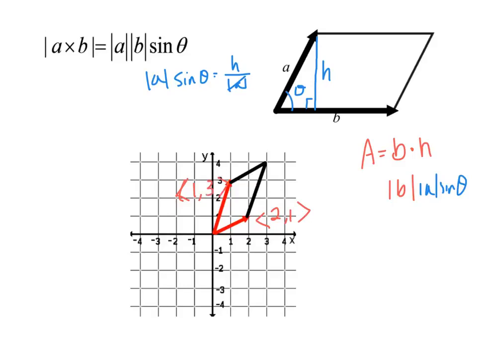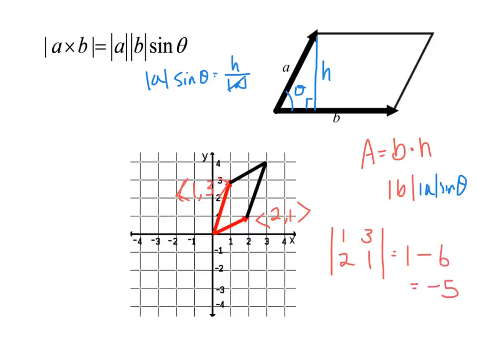To cross vectors with just 2 dimensions, we really just do the determinant one time. So 1 minus 6, or negative 5.